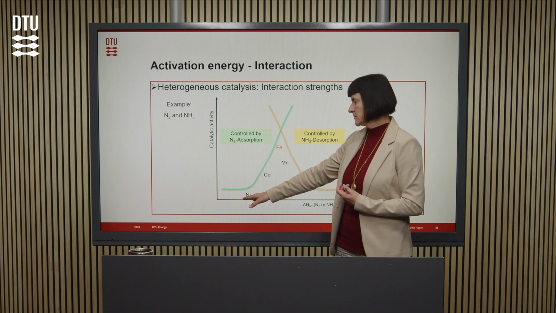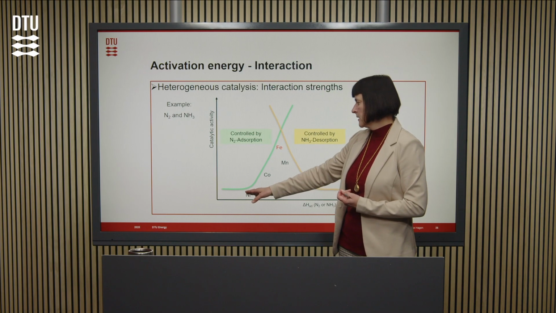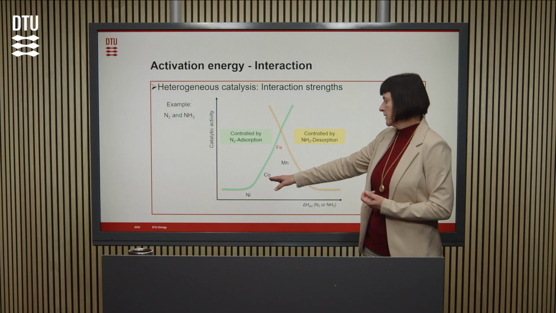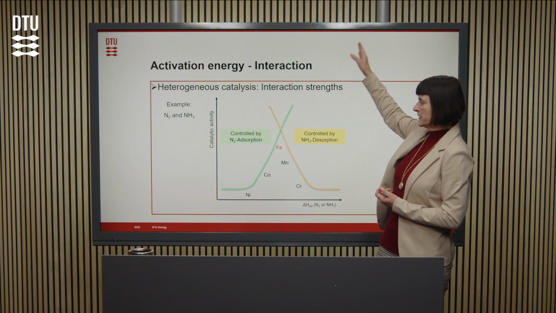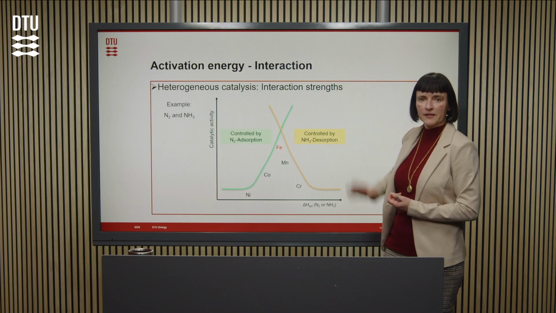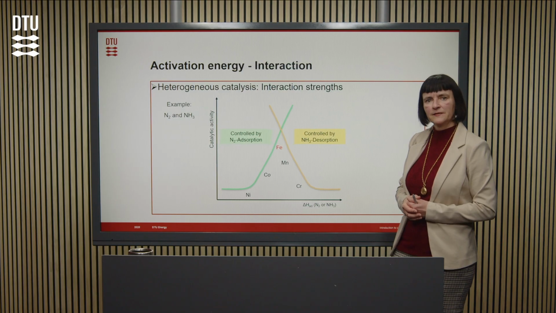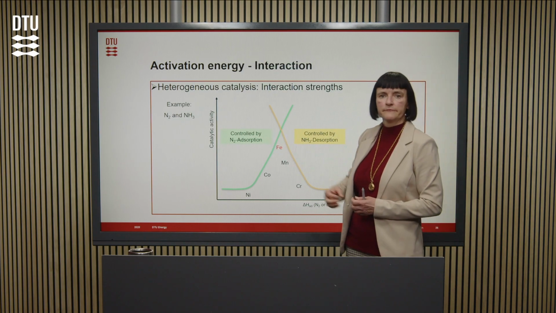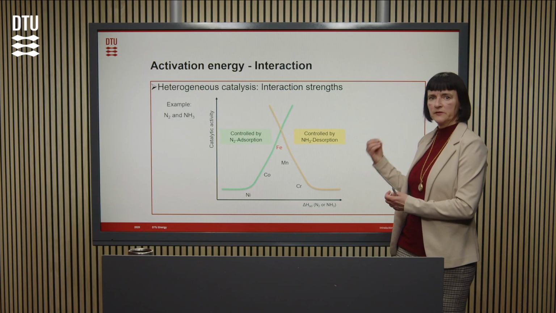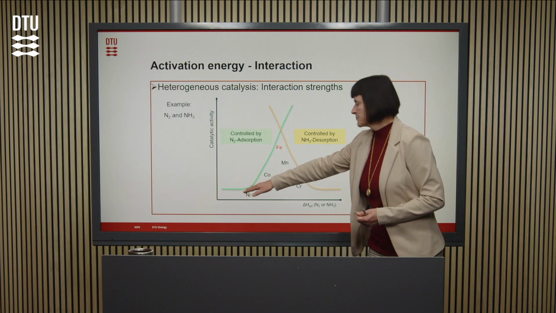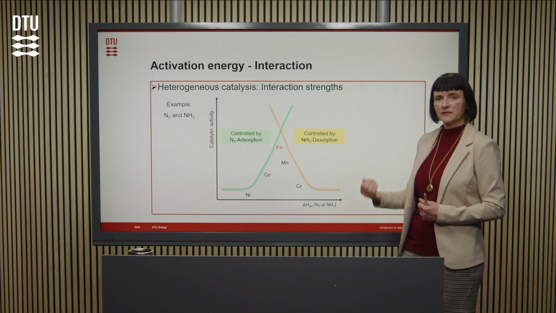Nickel has some interaction, is adsorbing nitrogen, stronger with cobalt, even stronger with iron, and if you go further, nitrogen is stronger and stronger adsorbed. Of course, as you saw before, it has to be a balance. I don't want to have nitrogen being very strongly adsorbed because then I cannot react further and desorb it. So anyway, this is the first leg, the adsorption strength of the reactant.